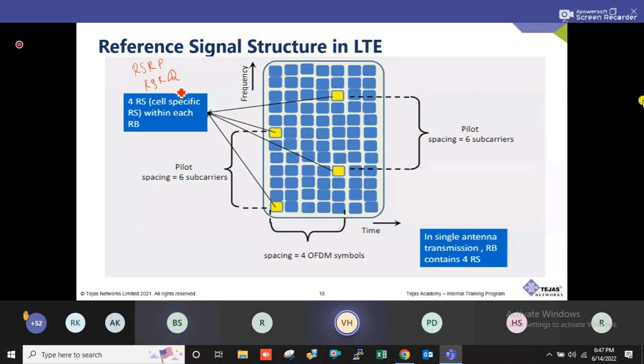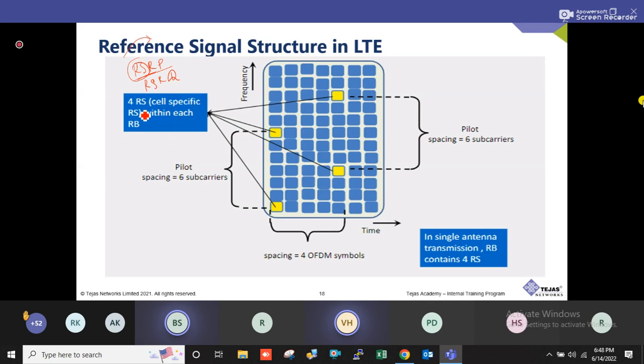Whenever we do channel estimation, this RS is nothing but the reference signal. Reference signal is always used in our network to understand what the actual power levels the eNodeB is acting upon.